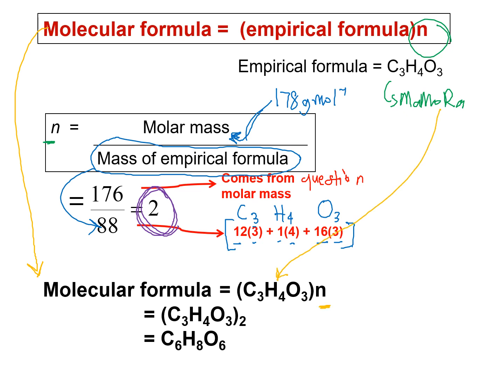Then you insert the empirical formula, which is C3H4O3. Then you insert the value of N that you calculated earlier, which is 2. So, 3 times 2, 6. 4 times 2, 8. 3 times 2, 6. That means, the molecular formula for ascorbic acid is C6H8O6.